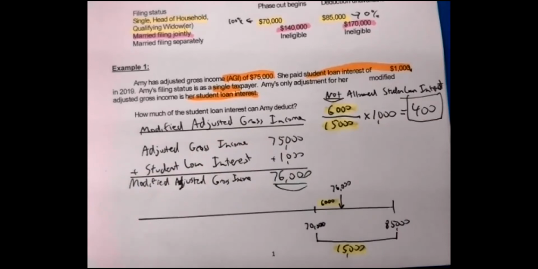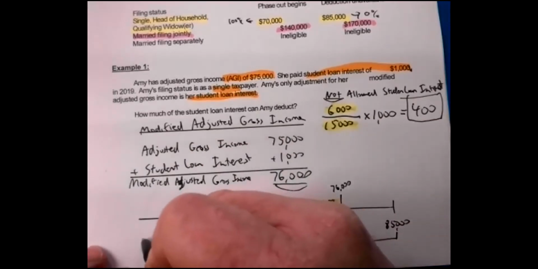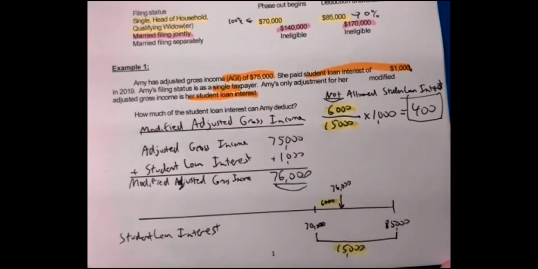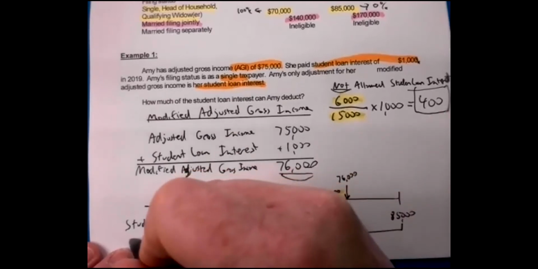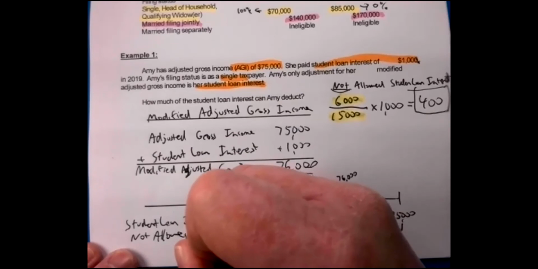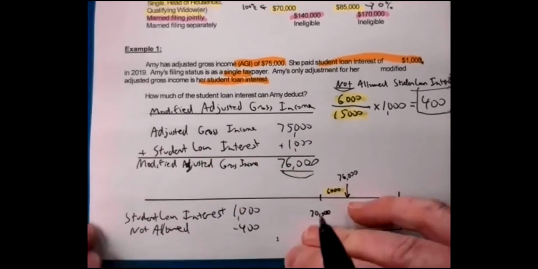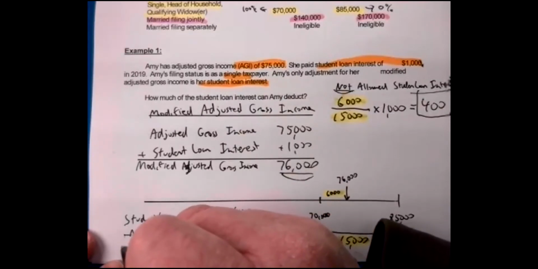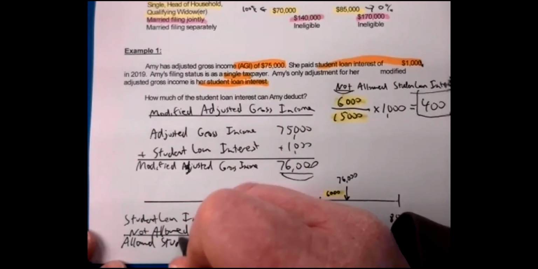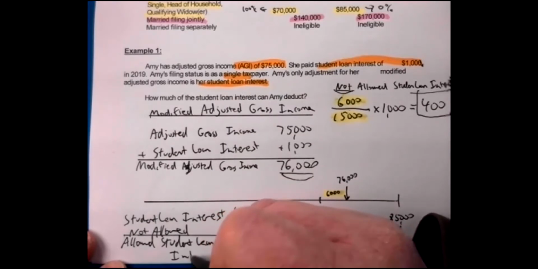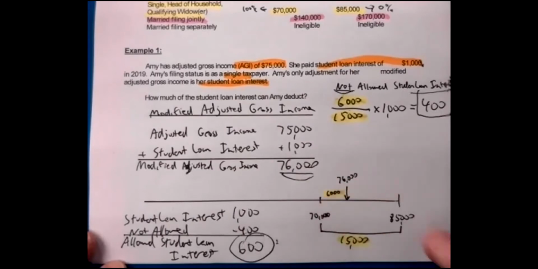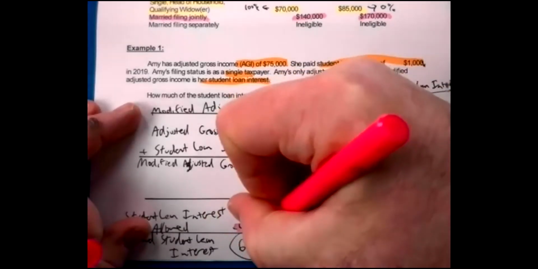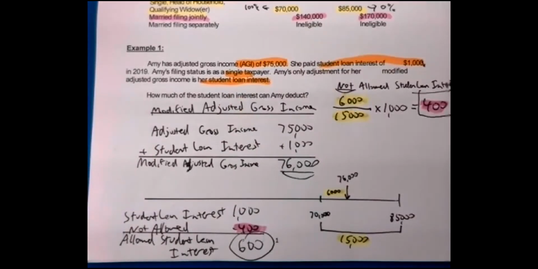So how much can she deduct? Let's see. So she's not allowed 400 of it.